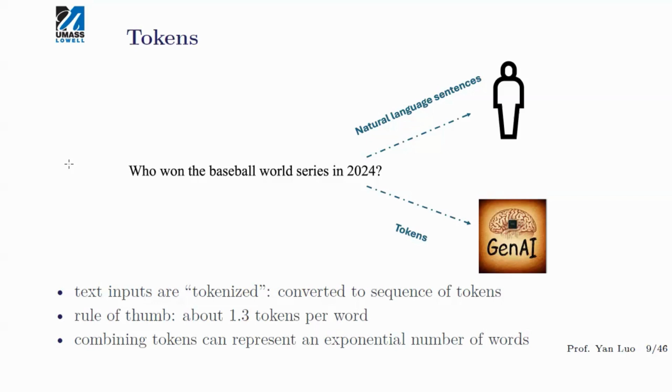The output side is the reverse of it, in the sense that the generative AI model, the large language model, will give you the output, will give you a response. But from the model, in fact, it generates a sequence of tokens. So not the words themselves, but the tokens will later be mapped back to the words using a reverse process.